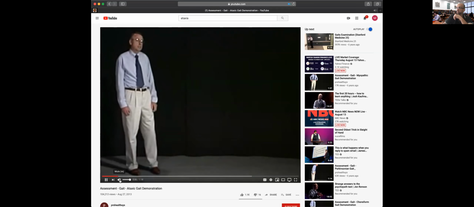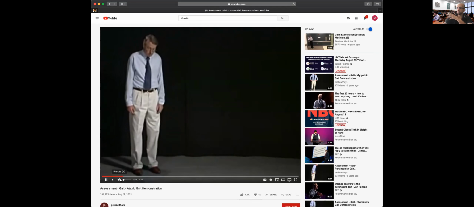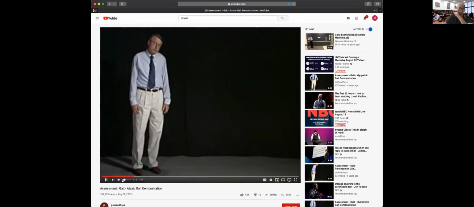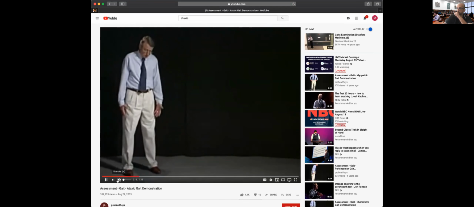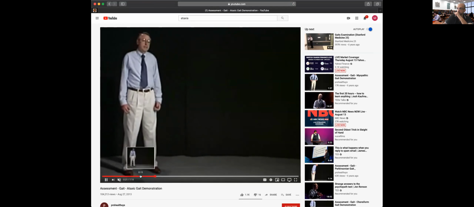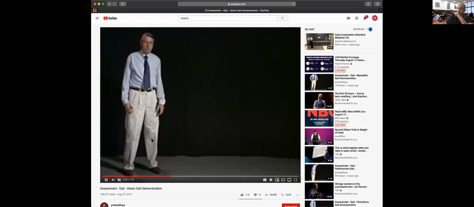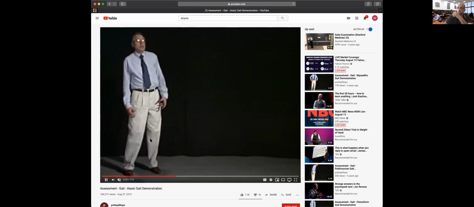All right, so this doctor is showing the ataxic gait here. He gives you an impression. You see he's setting his feet apart to get a better ability to maintain his body balance, to not fall while he's walking.